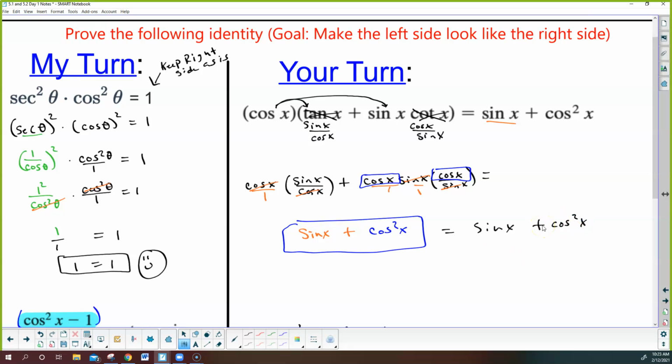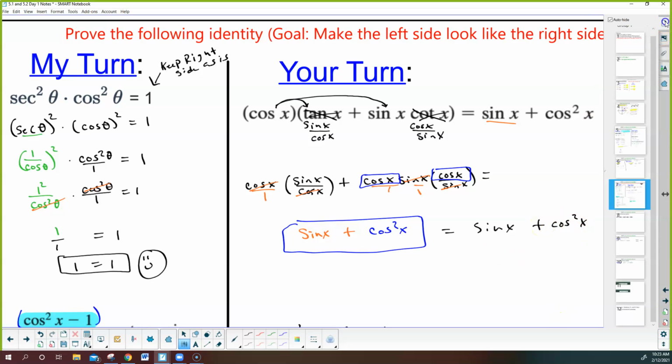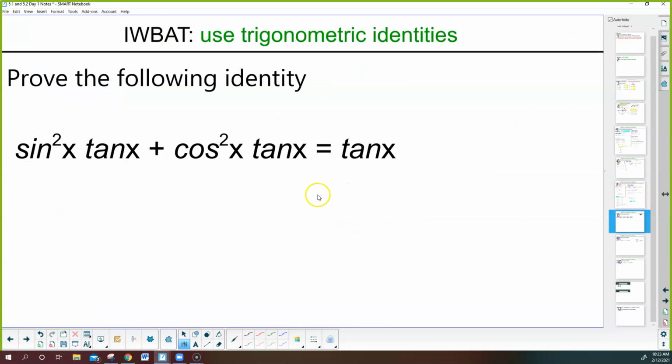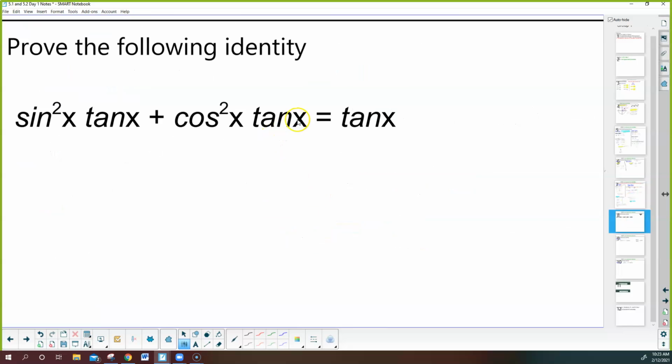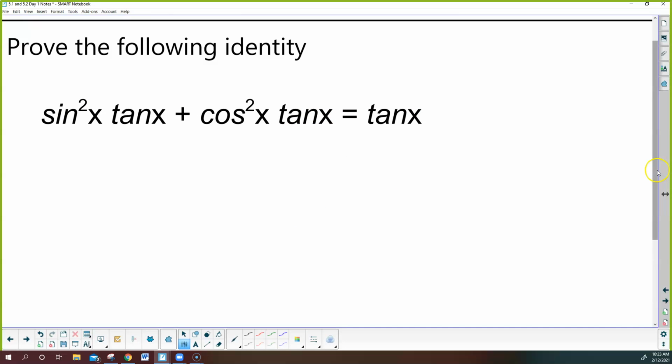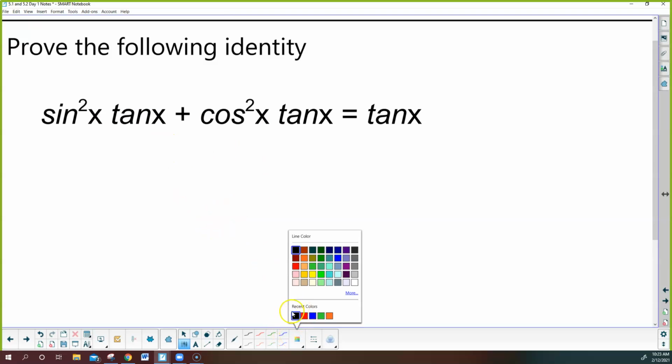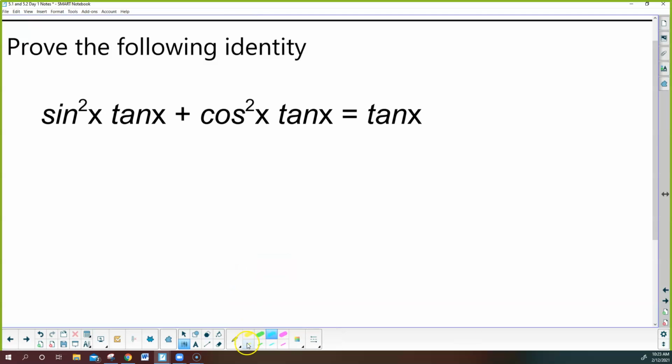Okay? All right. I want to show you this one, just another quick identity one. I don't think you need to write it, but there's something helpful that can really make this one a lot friendlier. And it's just a little bit trickier.